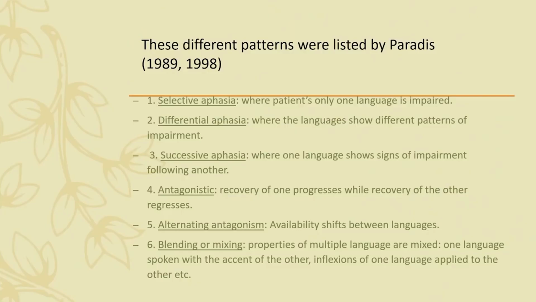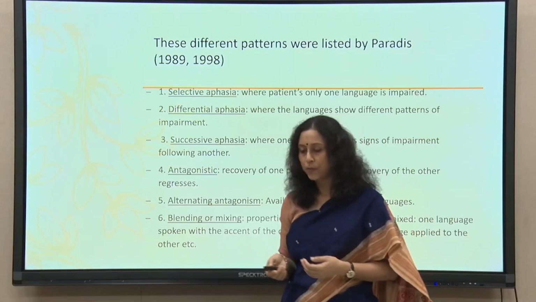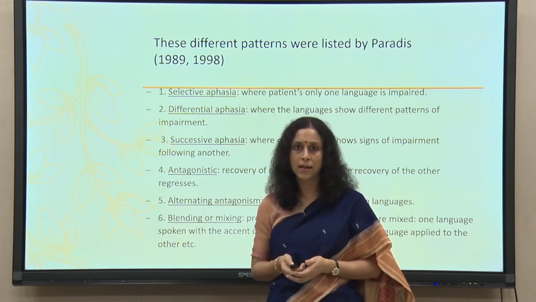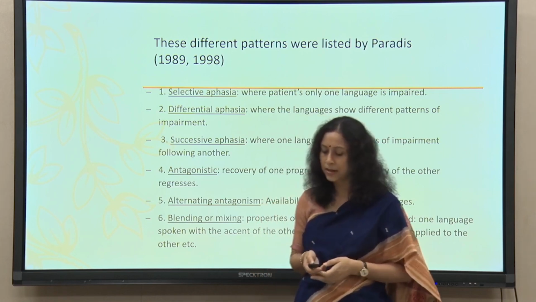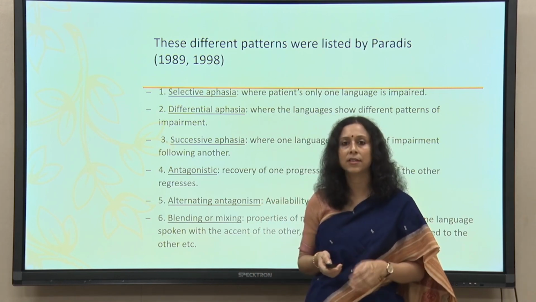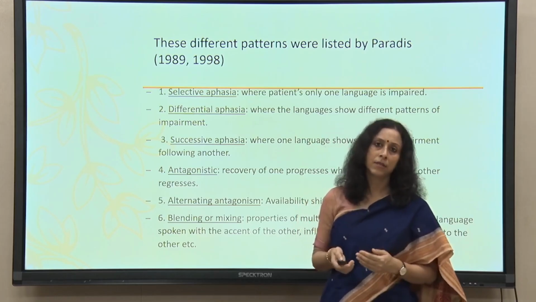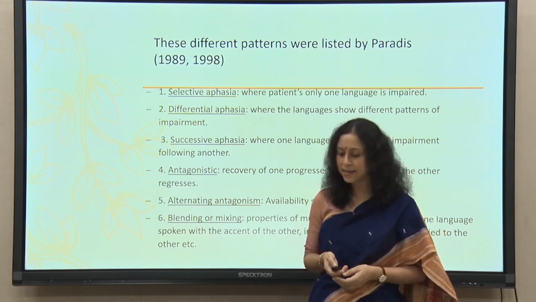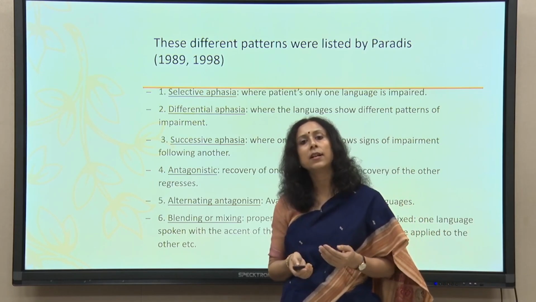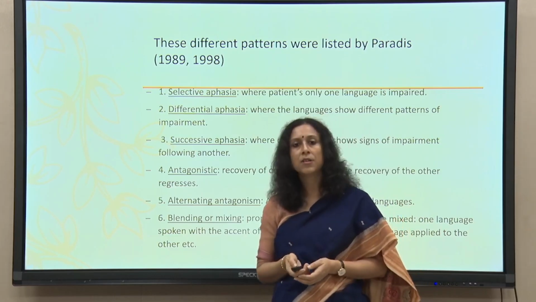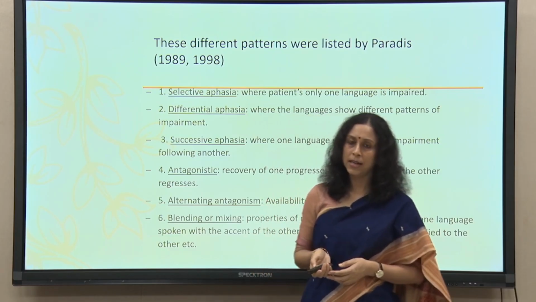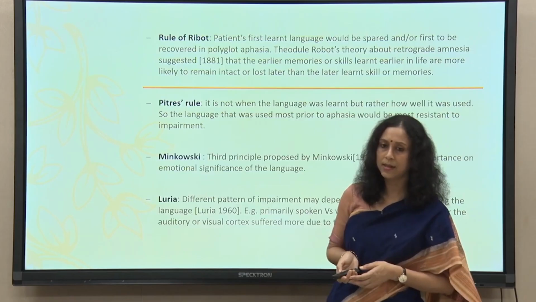This is a strange case where properties of multiple languages are mixed. One thing from one language gets attached to another property of another language. So, one language spoken with the accent of another, let us say English spoken with a French accent, or the inflection of one language getting merged with the root of another language, and so on. So, these are the 6 types.